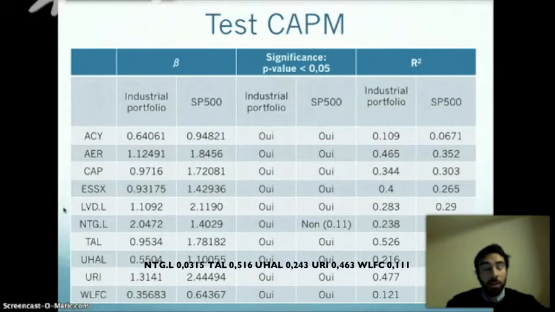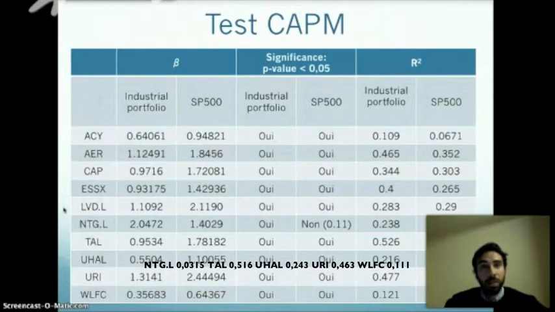So I'm going to answer the fourth question, which talks about the validation test of the capital asset pricing model. When we analyze the following results, we can see that the beta of the industrial portfolio is significant because the p-value of each asset is inferior to 0.05, while the betas of the SP500 aren't significant because one of the assets, named NTGL, has a p-value that is superior to 0.05.